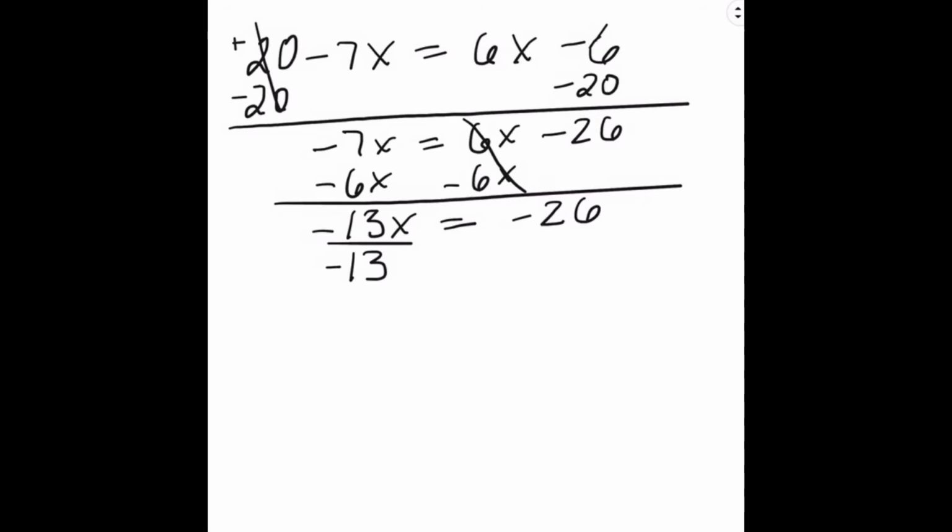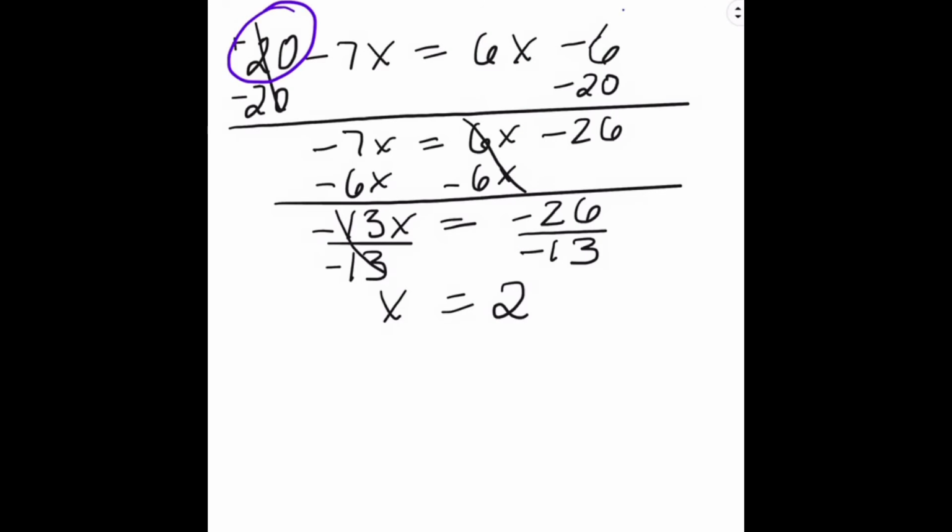Negative 13 over 13 is 1, really leaving this to be x. But what we do to one side, we have to do to the other. A negative divided by a negative is a positive, and 26 divided by 13 is 2. So x equals 2.